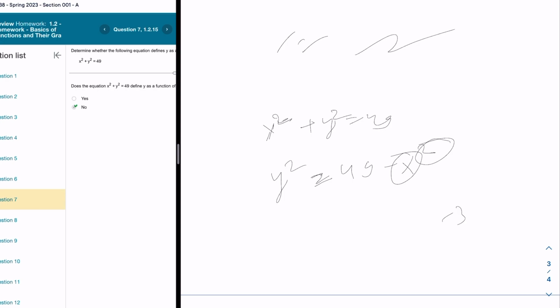If you put in -3 square, what will it give? 9, so 49 minus 9. And if you put in 3 square, it will again give 9, which is 49 minus 9. So you can see two x values are giving the same y value.